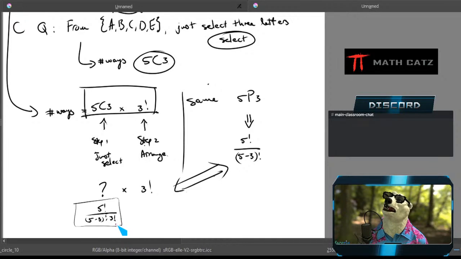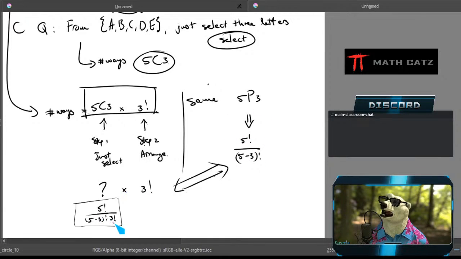That doesn't really explain why I divide. But in some sense, I can argue that I divide to counteract the separate arrangement stage, which the permutation does. It's built in.